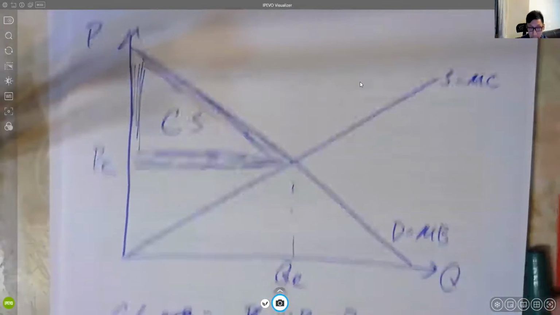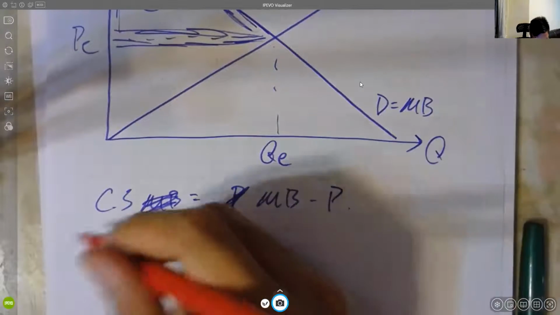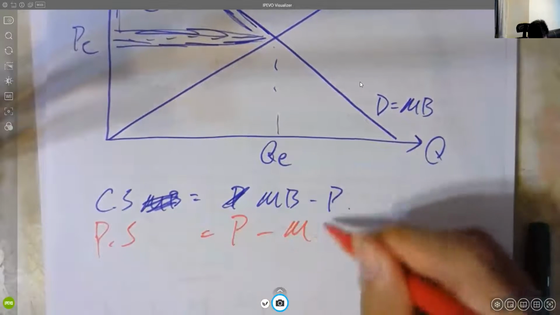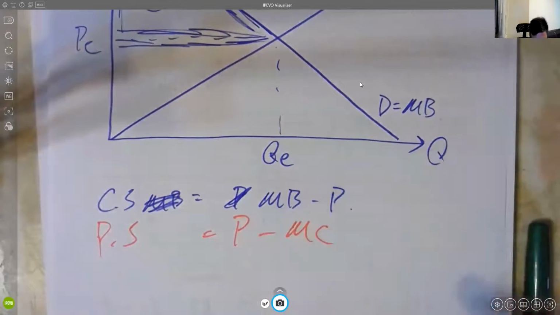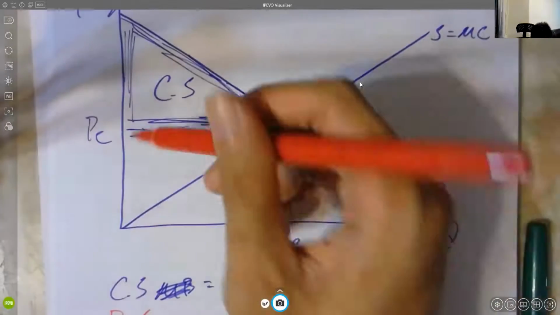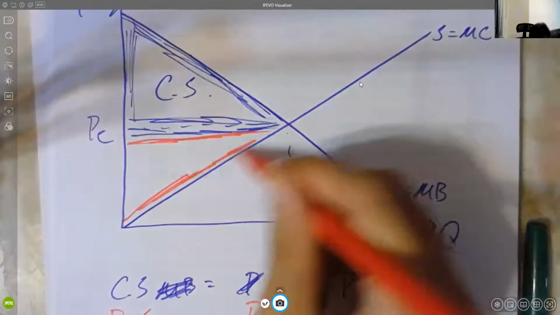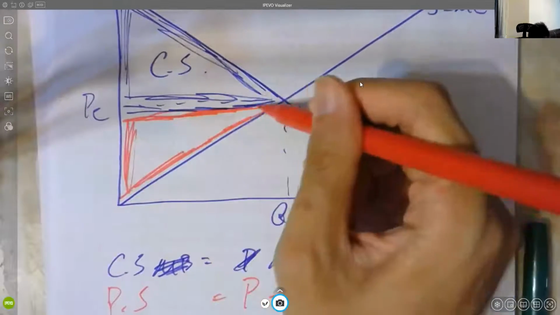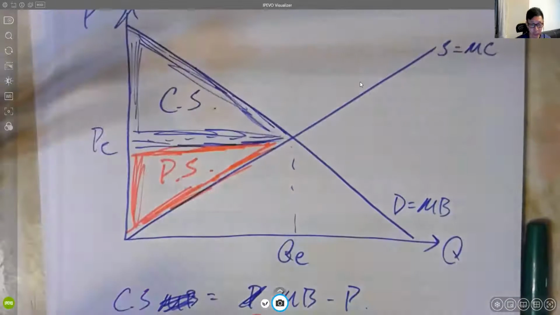All right, now same logic applies. Remember, for our producer surplus, it would be our price minus our MC summation, right? Of course, we have the summation. Now let's see. Price is right here. MC is right here. The distance, therefore, this whole triangle will be our producer surplus.